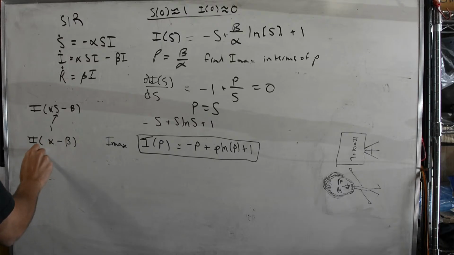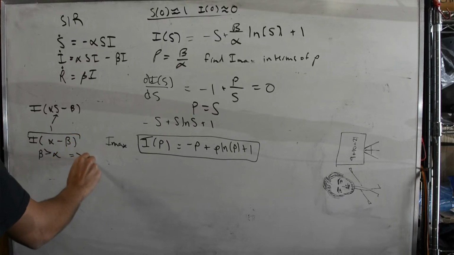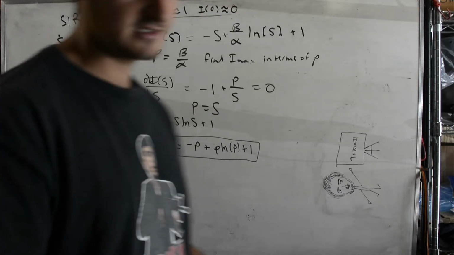So if beta is greater than alpha, then this term is negative, which implies that I dot is less than 0. So yeah, okay, that makes sense.